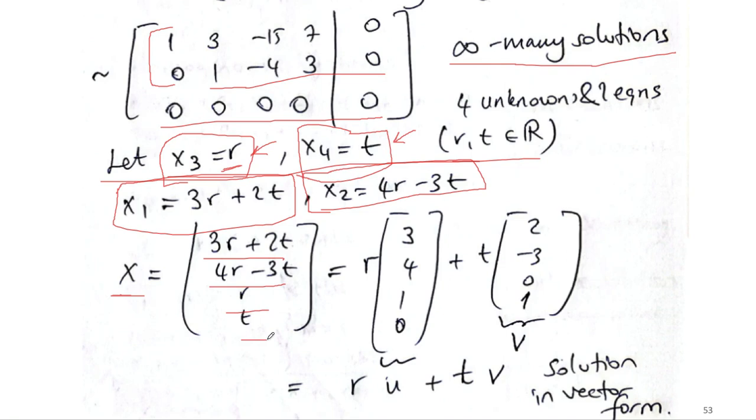And furthermore, we can represent this in terms of these parameters R and T times two vectors that represent this solution. So we can call these vectors u and v. So this gives us the solution in vector form. So we obtain the vector of x1, x2, x3, and x4 represented in this solution.